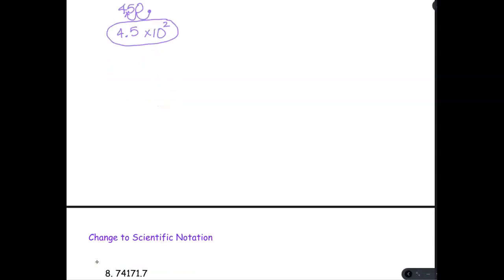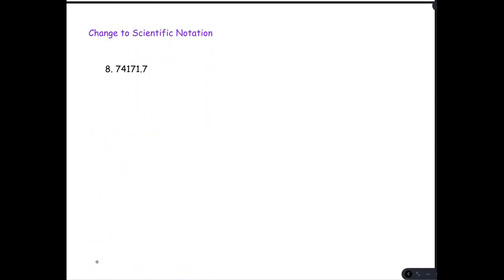Understood that this is where the decimal's at. Here's where I want to end up. Don't have to write the 0 because it's after the decimal. 1, 2 spaces. And I look at my starting number and it's bigger than 1. So it's going to be a positive exponent. Here's where I'm starting.